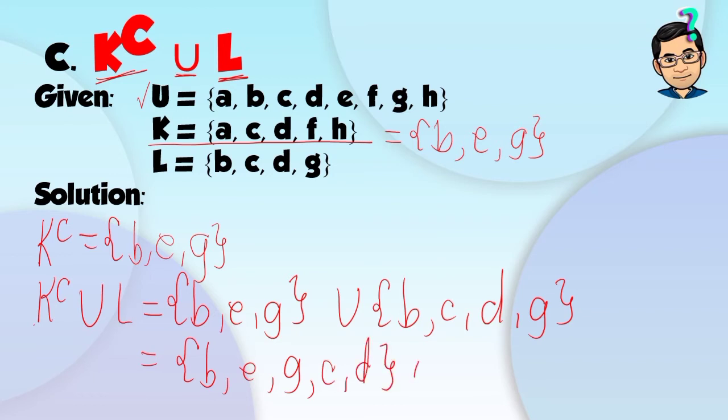So, pwede natin siyang i-rewrite na naka-arrange sila B, C, D, E, and G. Okay. This will be the final answer.